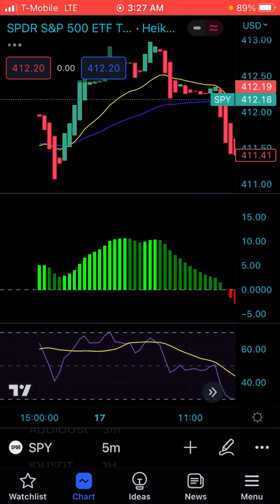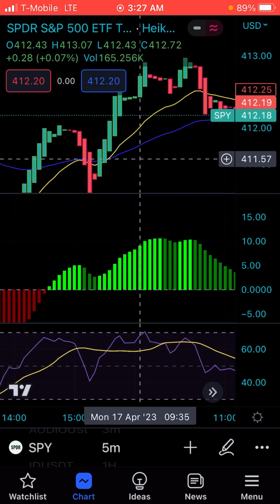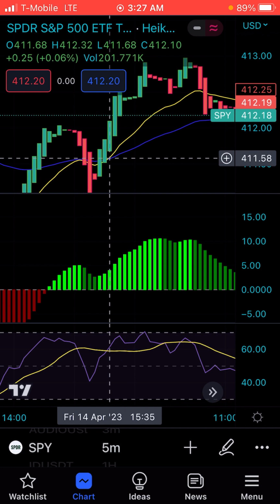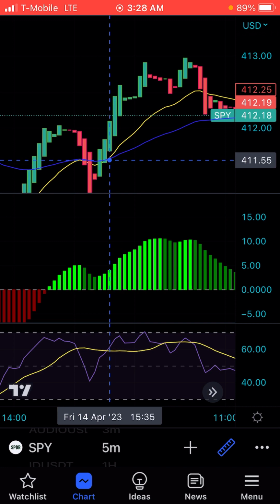Let's do one more time, and I think you guys get the general idea. We see it crossing right here. So this would be a, well, actually, this is a good judgment call because it's not, well, it kind of is lining up. But let's do this anyway. See it crossing here.